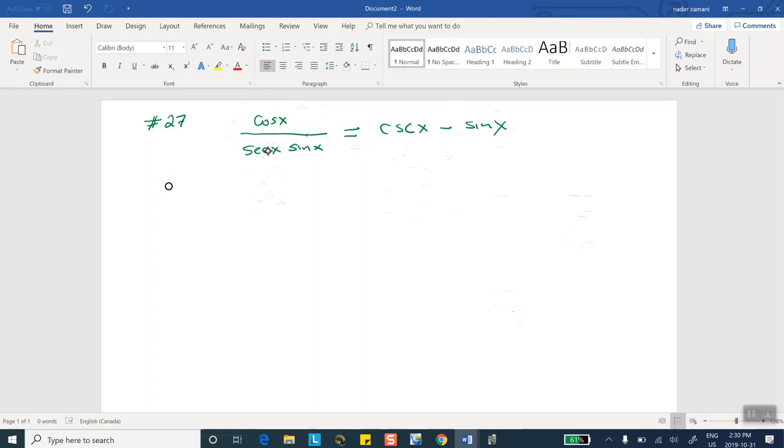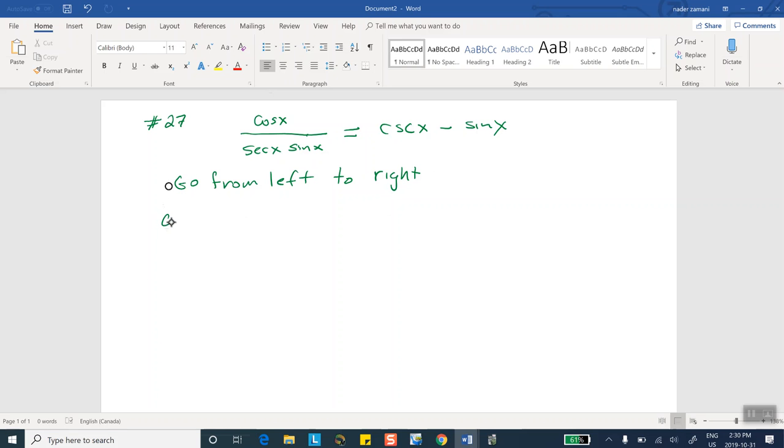Or you can simultaneously work on these, and at some point you have equalities between them. Okay, so let me first go from left to right. This may not be the best strategy, but let's see.